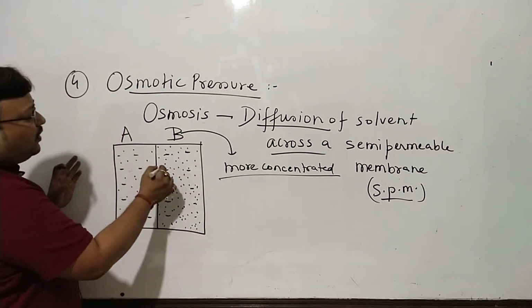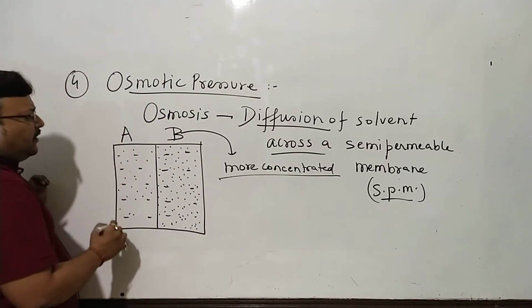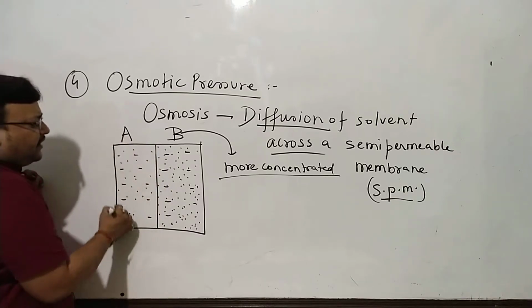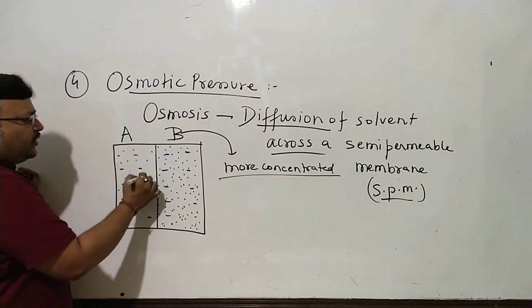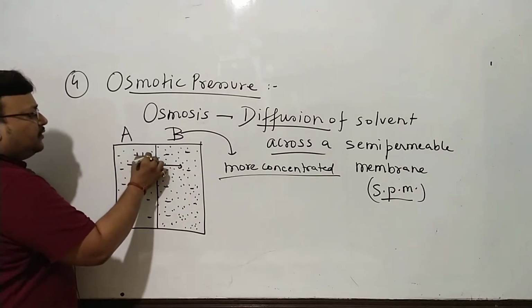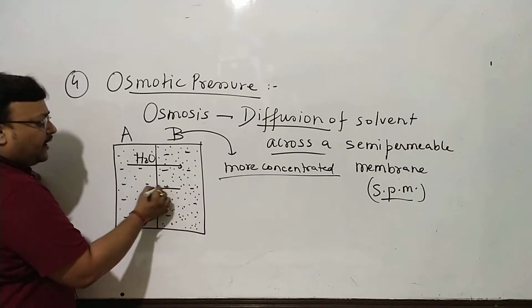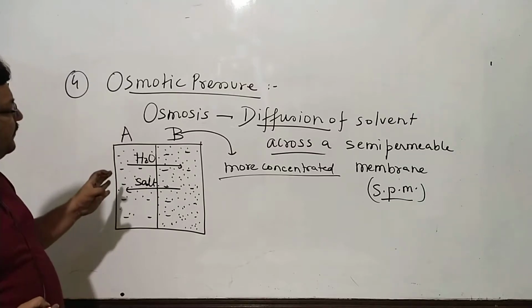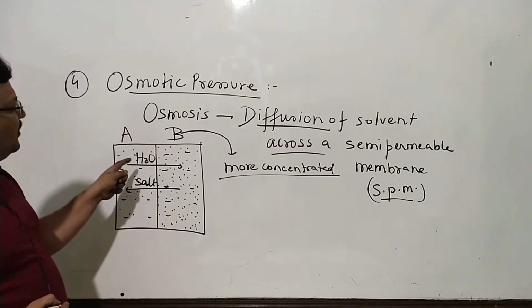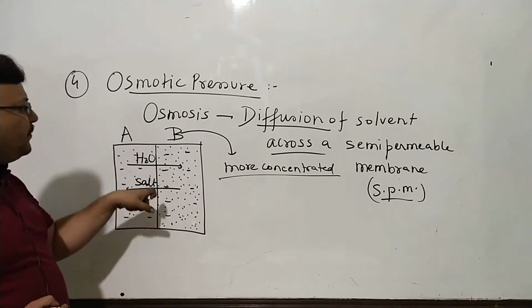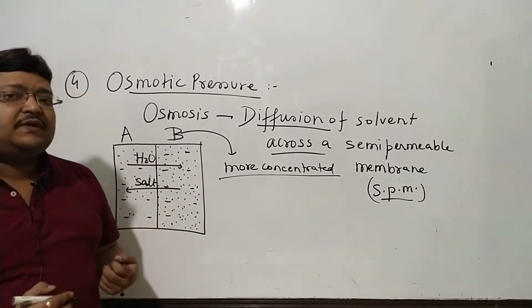If A and B are allowed to interact, naturally from A to B, because this contains more water, you will find water moving from A to B, and the salt moving from B to A. Water will move from A to B because it contains more water, and salt will move from B to A because this contains more salt.